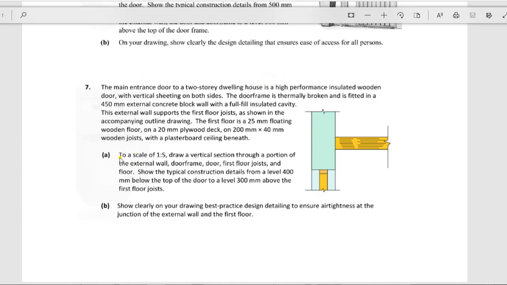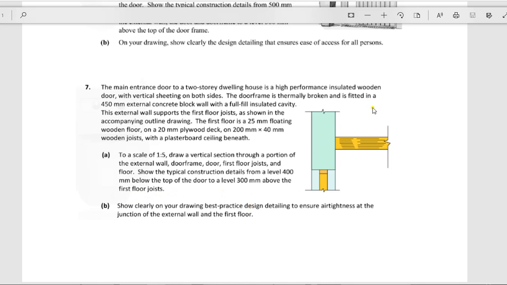Second here is part A of the question is draw scale 1 to 5 this time. Draw a vertical section through a portion of the external wall, door frame, door, first floor joist and floor, showing typical design details from 400 below the top of the door to 300 above the first floor joist.